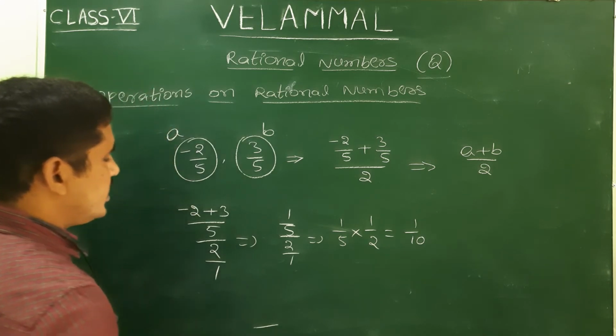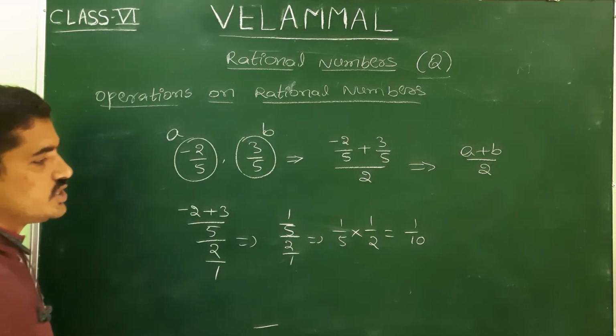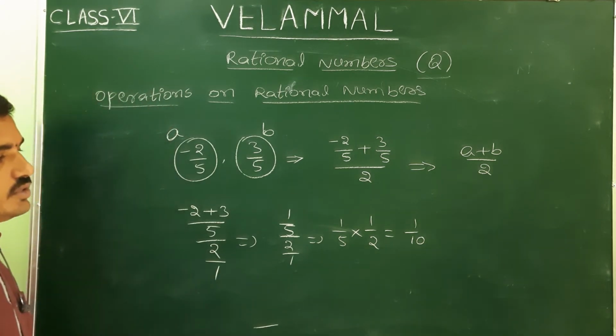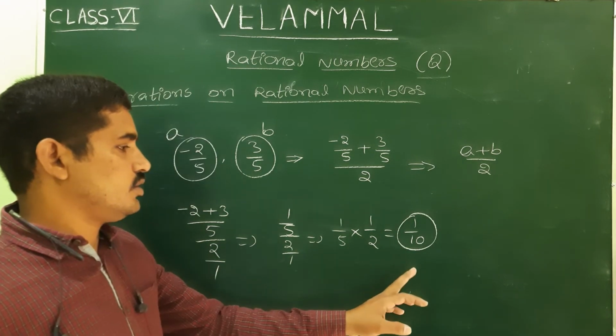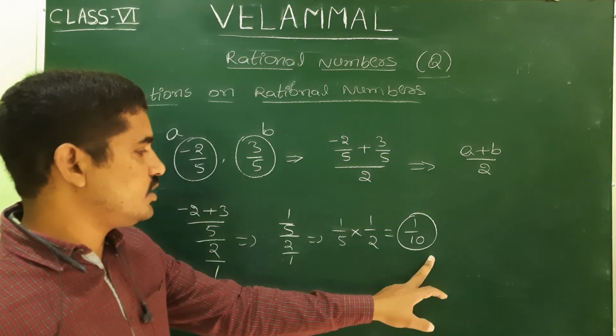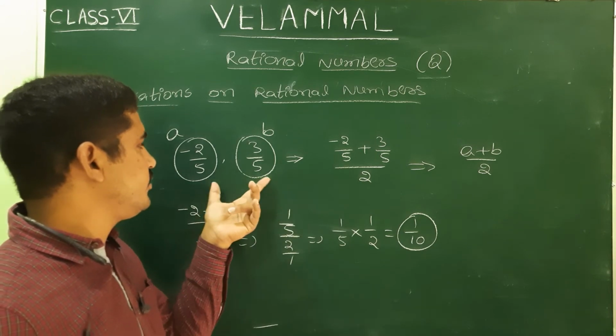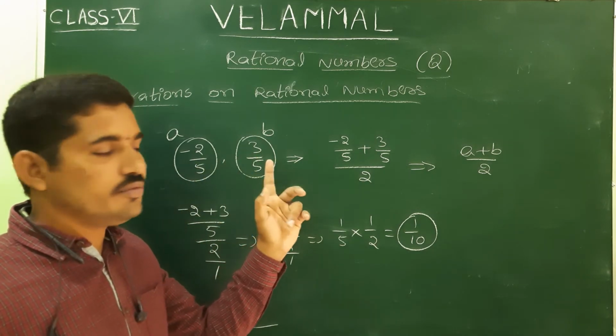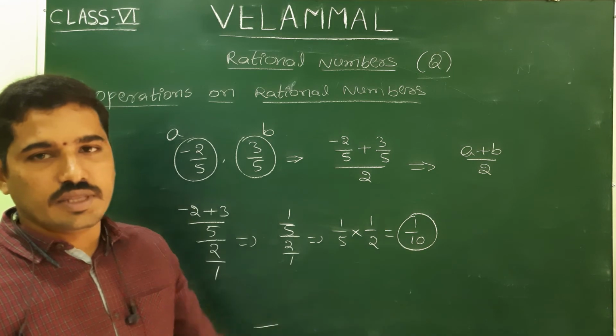So we find the rational number in between. We say 1 by 10 is in between minus 2 by 5 and 3 by 5; the rational number 1 by 10 will be there.